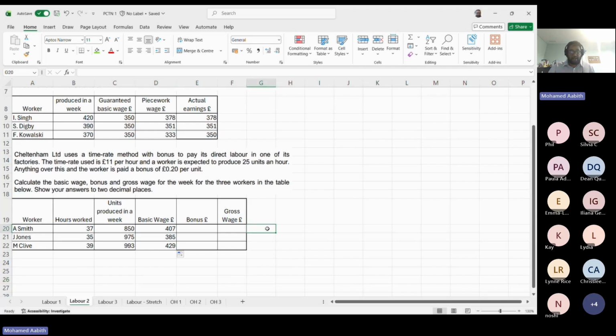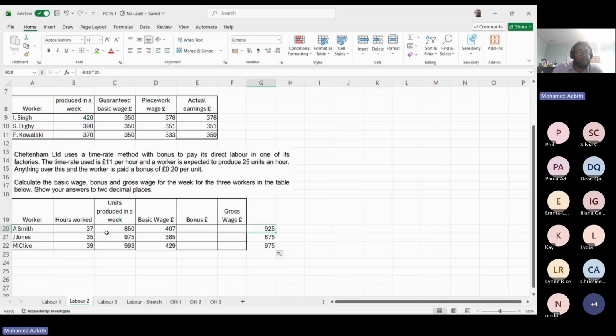In this scenario, 37 times 25 is going to be 925, 875, and 975. These are the number of units they should have produced, because A. Smith in this case produced only 850 units, but their target was 925.